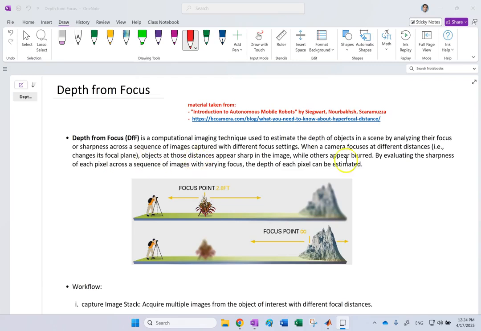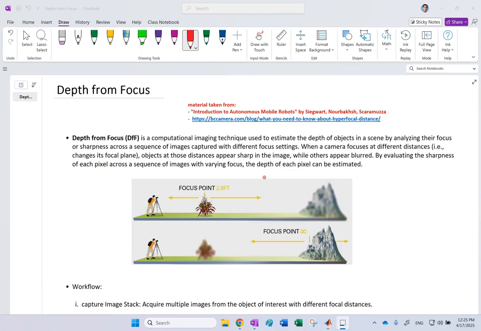Now, here we try to introduce it in simple language. So, how do you do that? What you will do is, as you probably experienced, if you are taking pictures of a nearby object, you have to have some focal length. And then if you can change that or adapt it, you can focus on an object that is far away.